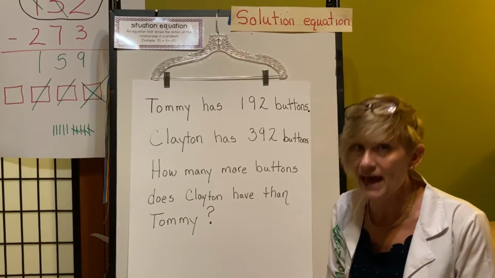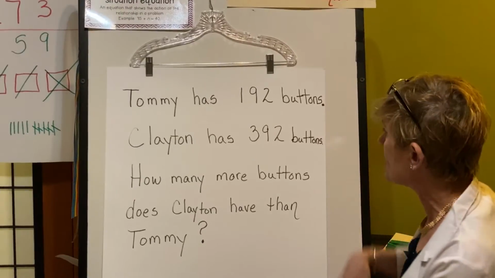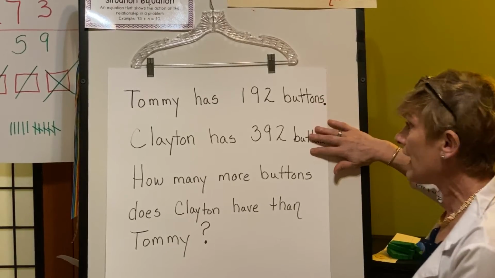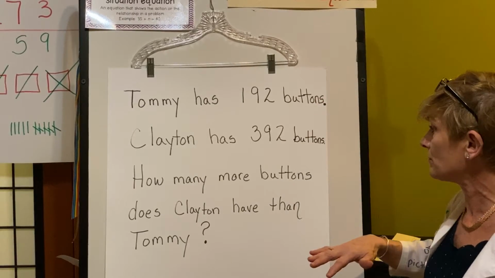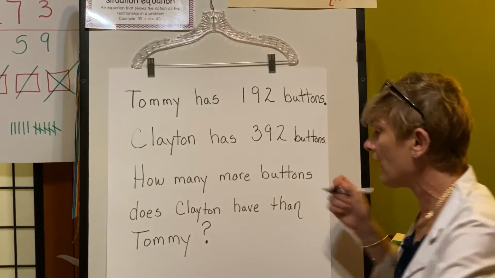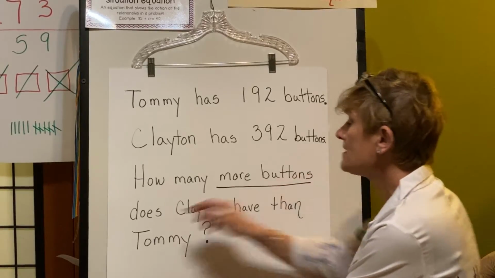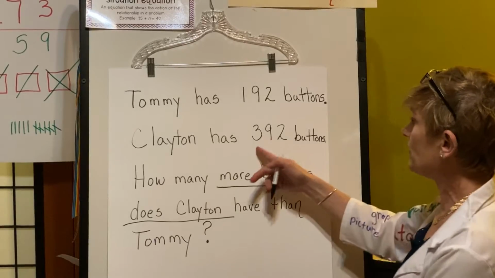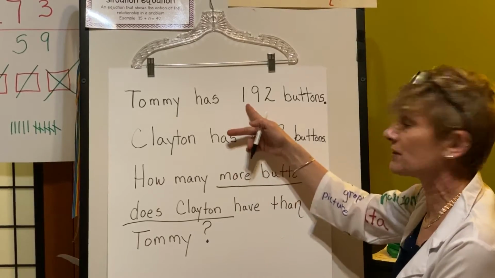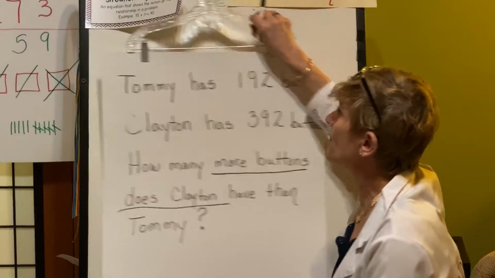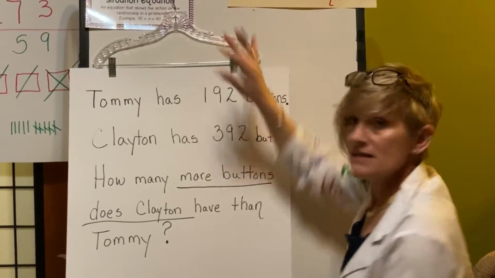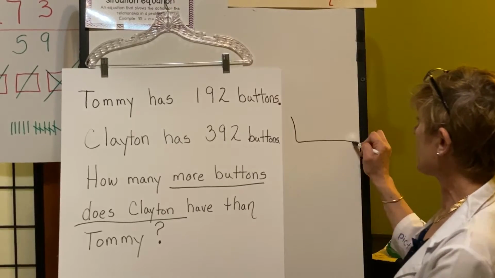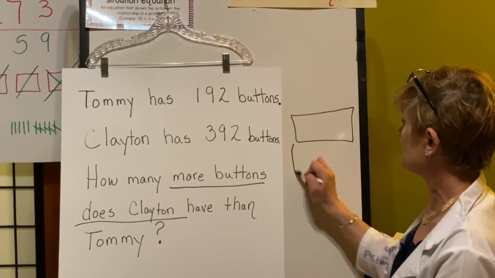So here we go again with those comparison bars. We know that Tommy has 192, and we know Clay has 392. How many more buttons does Clay have? Well, obviously we know he has the most. We can tell by his 300 is greater than that 100. So if I'm going to look at my situation equation, here is my comparison bar.